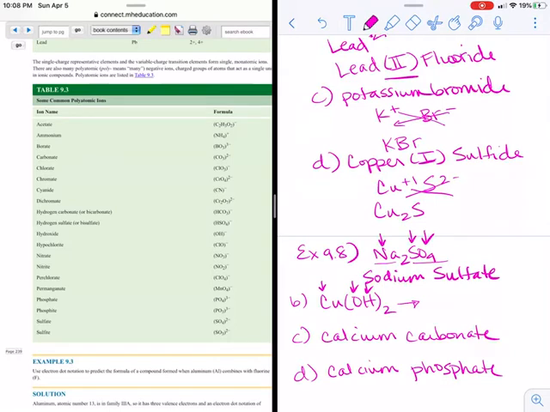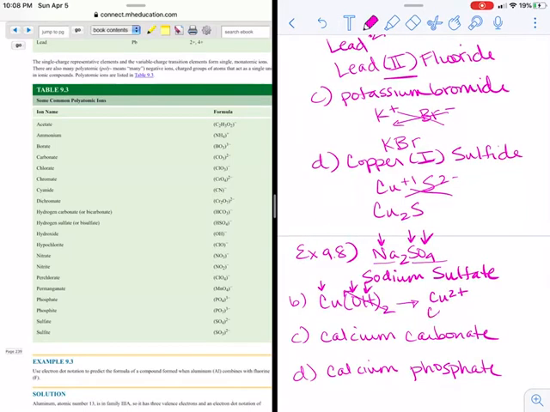So see how hydroxide is OH -1. Now see how there's this 2 down here? If you pull that back up, then that shows you that that would be Cu2+, which means that you're dealing with copper 2, which you have to write in Roman numerals, hydroxide.